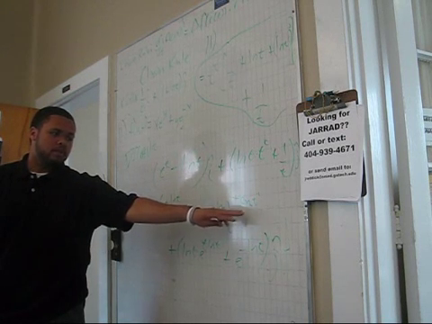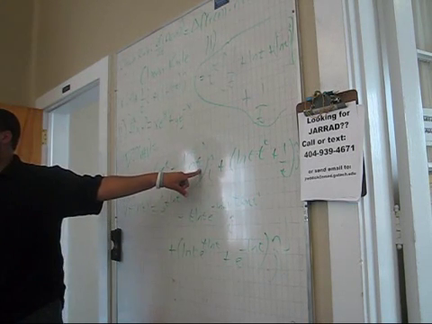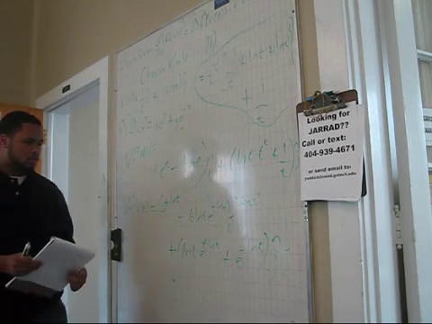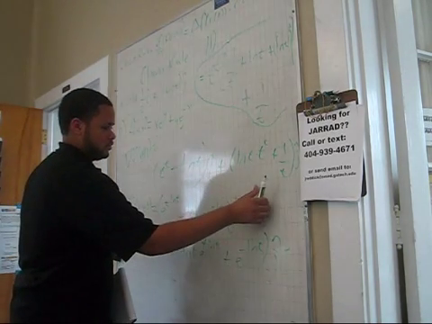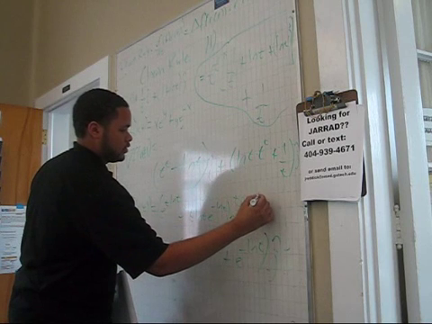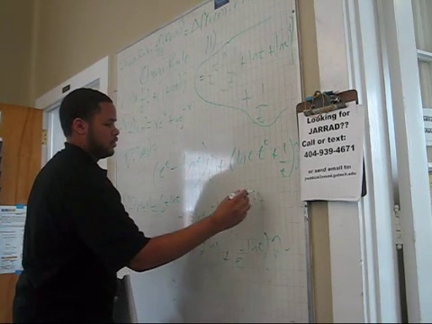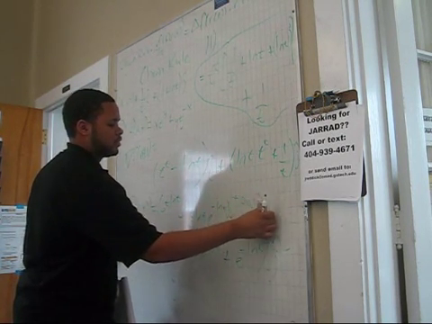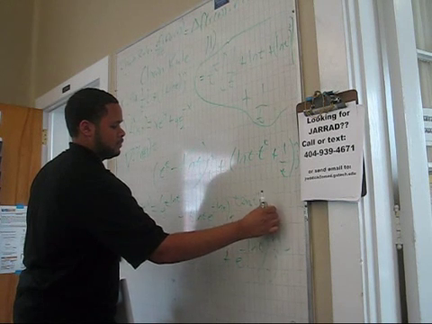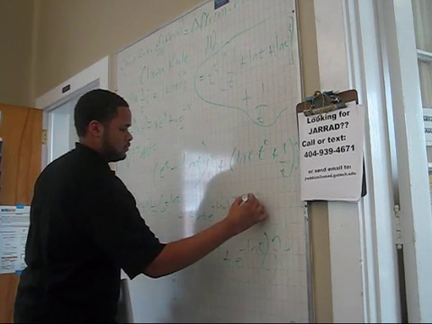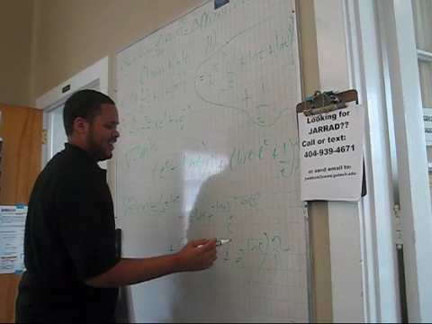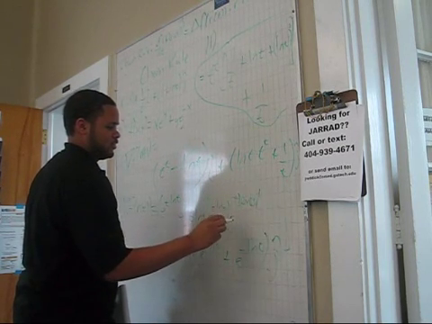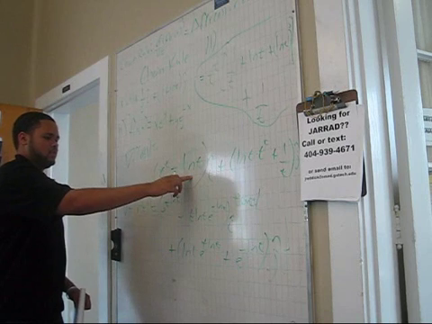Natural log of t, then t to the. Yeah, that's right. So those two cross out and you end up with this.